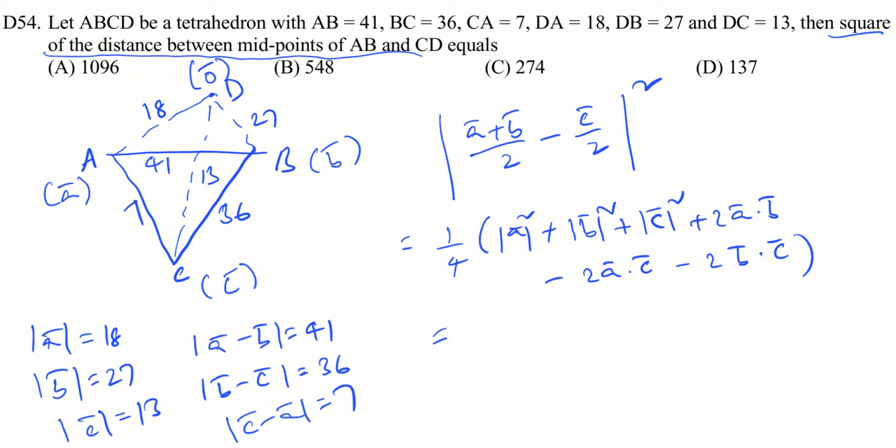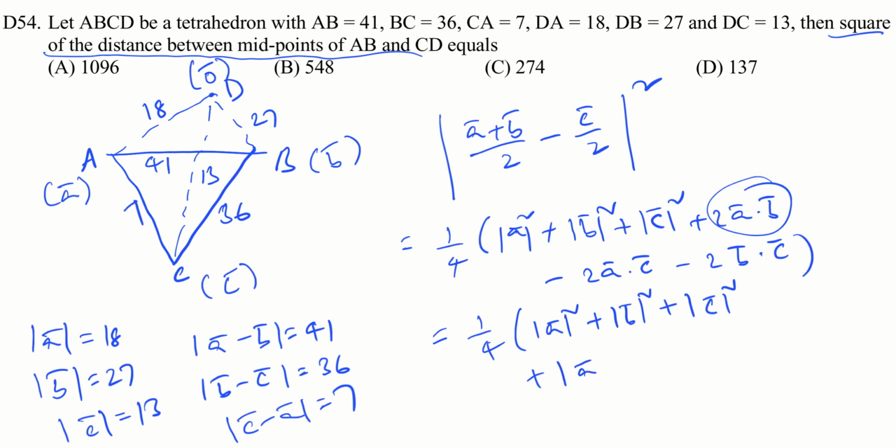So what we do is, for this A bar dot B bar, we will complete the square there. So it will be 1 by 4 times mod A bar square plus mod B bar square plus mod C bar square. Let's write it as mod of A bar minus B bar whole square. I'll make it minus because there I have plus 2 A bar dot B bar.